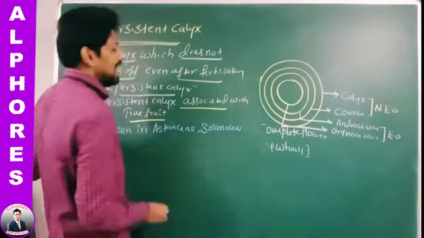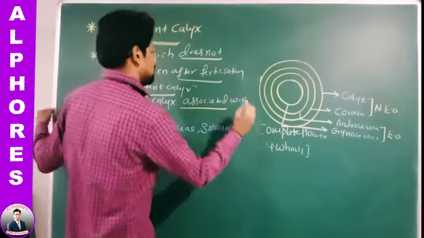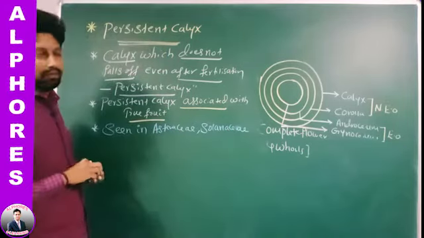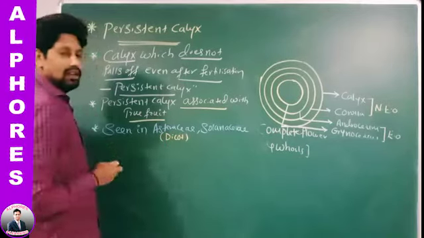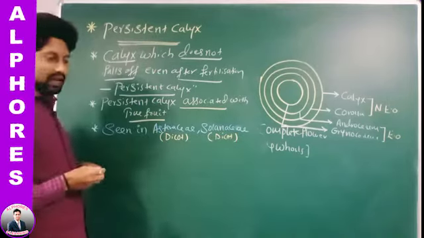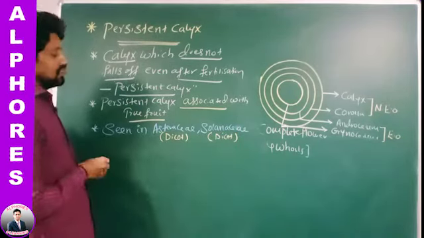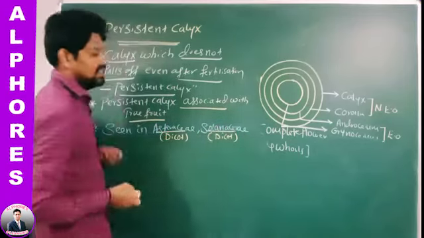Sir, Asteraceae is a dicot family, whereas Solanaceae is also a dicot family. Okay, therefore, persistent calyx is seen in the case of Asteraceae family and Solanaceae family.